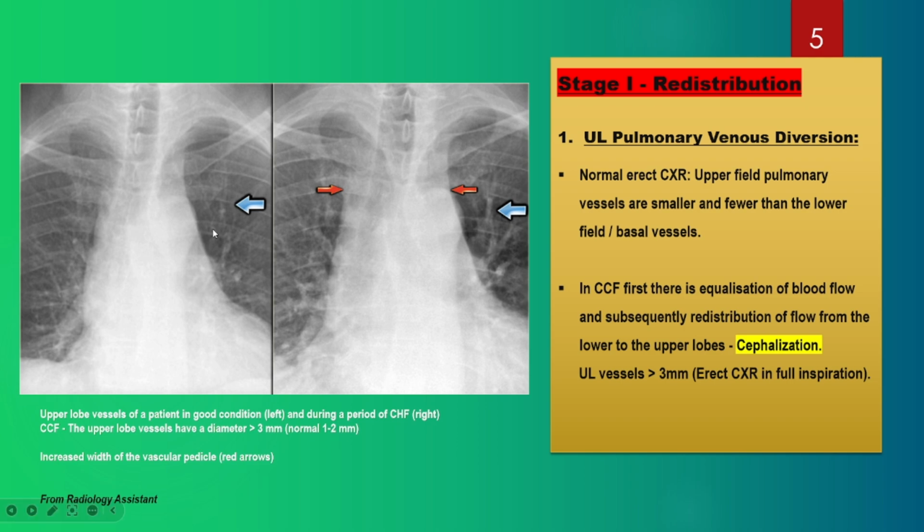This occurs because in a normal erect chest X-ray, because of gravity, more blood pools in the lower lobes and upper lobe vessels are not dilated and some are not opened up. But in congestive cardiac failure, with increased blood volume, the upper lobe vessels open up more and more and the diameter increases, and this is called cephalization.